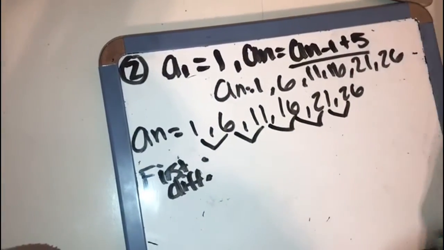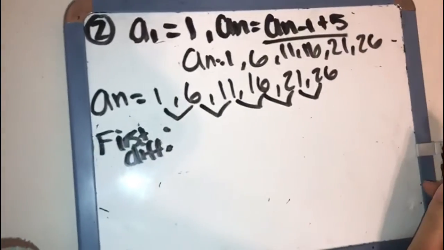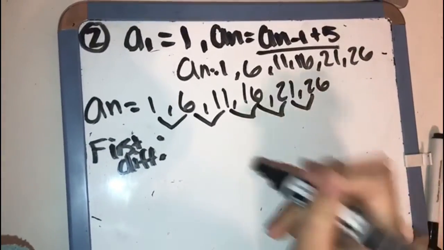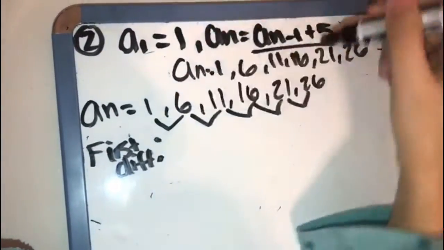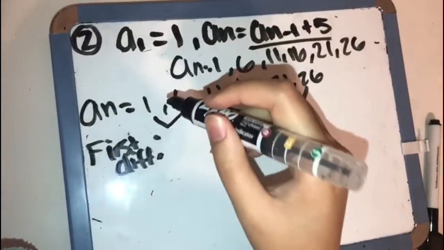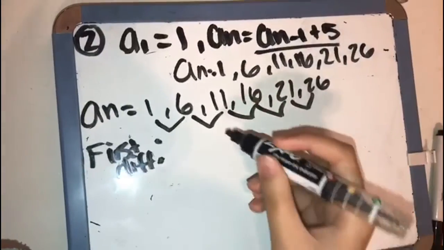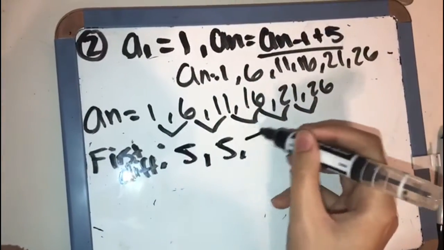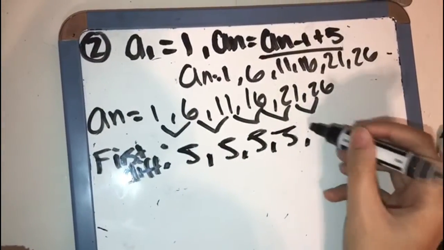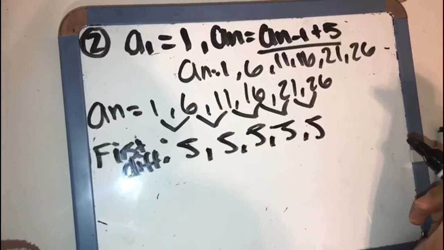Remember in the end of the first step, I talked about how you have to add 5 every time. You see how 1 plus 5 is 6, 6 plus 5 is 11, 11 plus 5. So basically everything would be 5. Nothing else. It's going to be 5 the whole thing, okay?